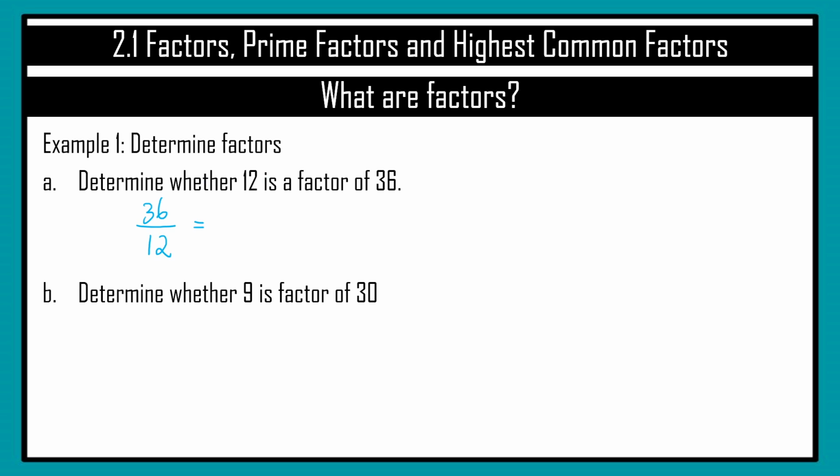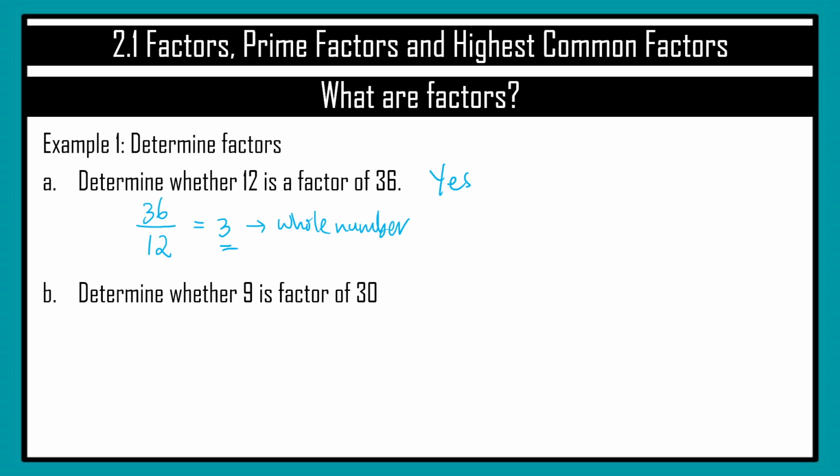If you get your calculator, 36 divided by 12, you should get 3. If your answer is a whole number, we say that 12 is a factor of 36. A very simple method to determine a factor.